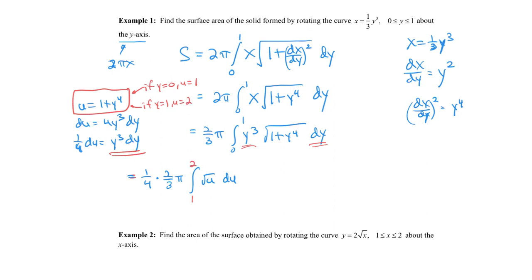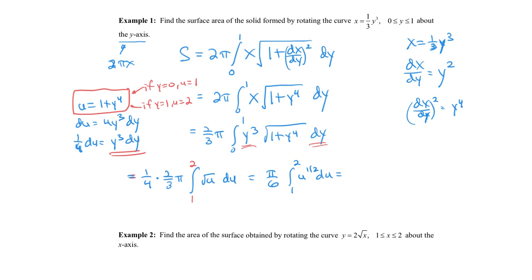We've got a 2 here. And now we can just integrate. So let's see, we've got 2 over 12 times pi, which is 1/6 pi, or pi over 6, right? Just cleaning up this here, pi over 6. And then we've got 1 to 2 u to the 1/2 du.